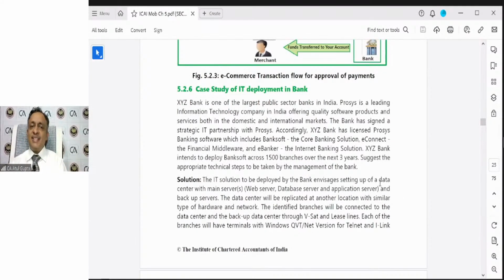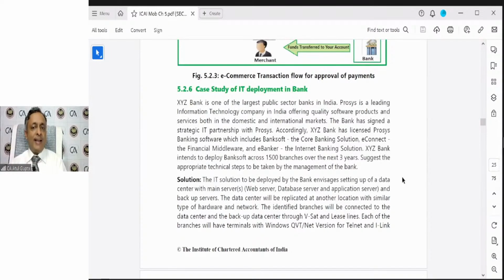So XYZ is one of the largest public sector banks in India. Process is a leading information technology company in India, offering quality software products and services both in domestic and international markets. The bank has signed a strategic partnership with Process.